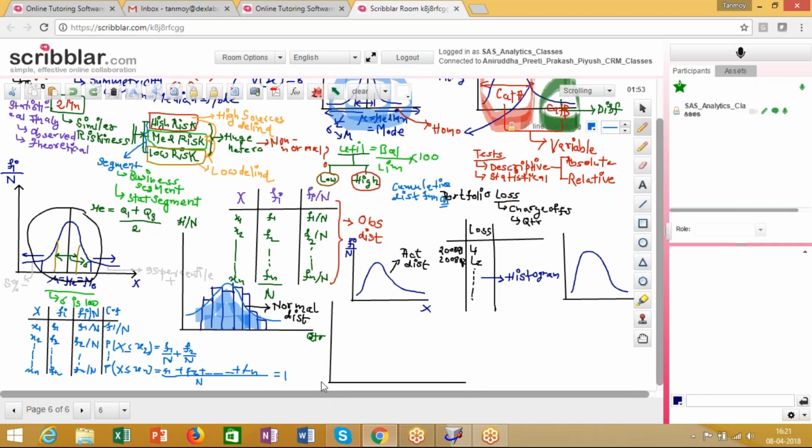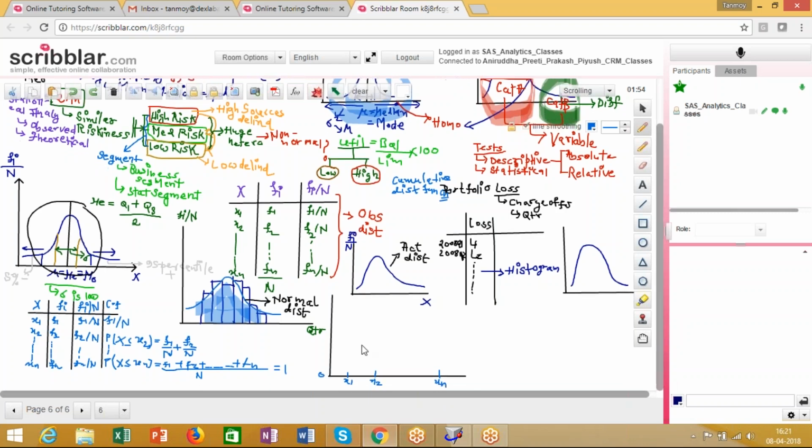between 0, over here this is x1, over here the number is x2. Like this I have the values till xn. Over here, what is the probability that x will take a value less than or equal to x1?